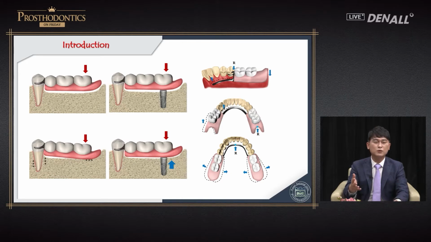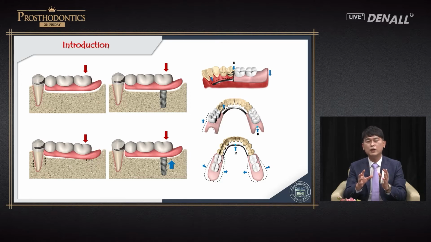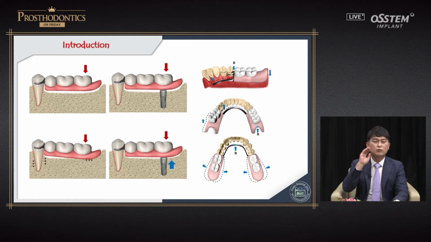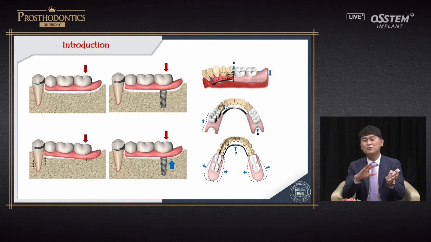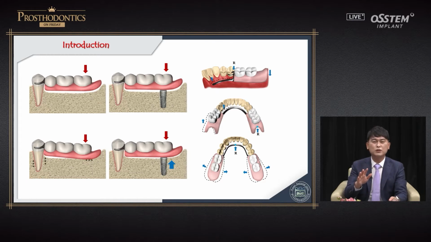We learned when we were students, teeth and tissue can support movements for partial denture. I'm sorry, the teeth-supported partial denture is not moving at all, but teeth and tissue-supported partial denture is moving, as the denture can move over gingiva.